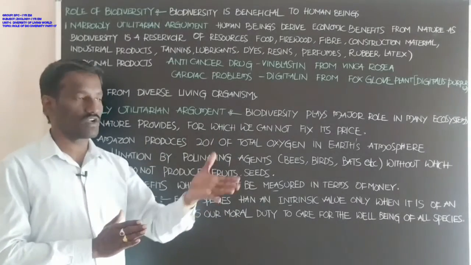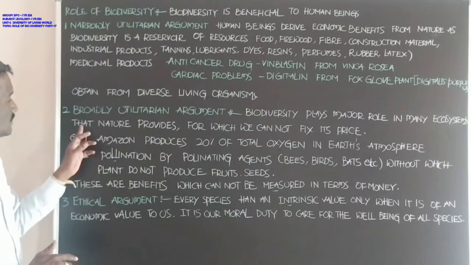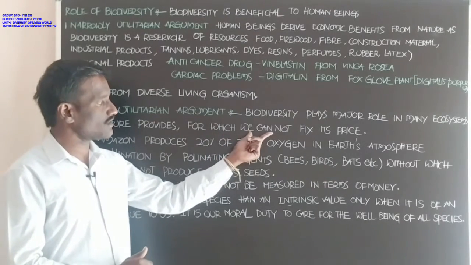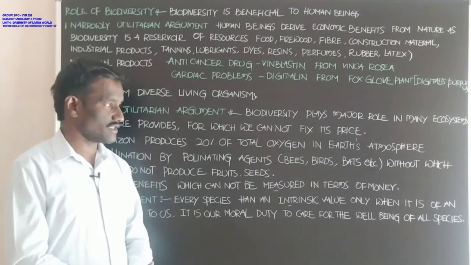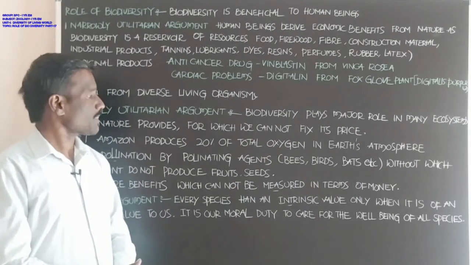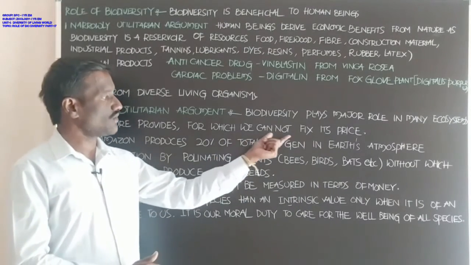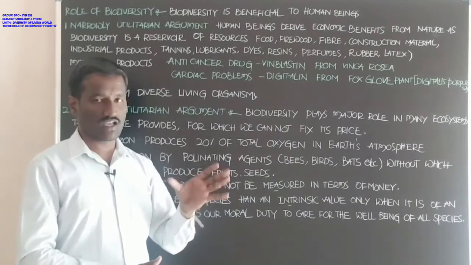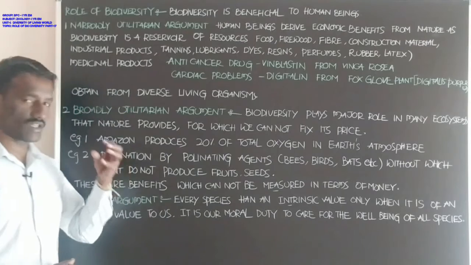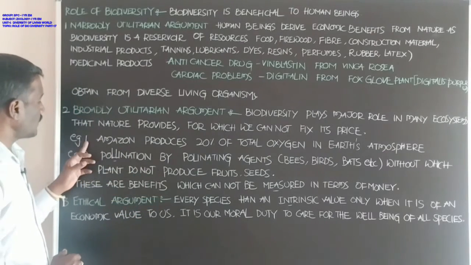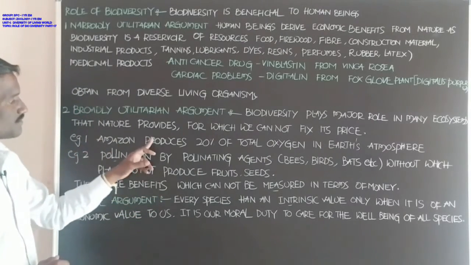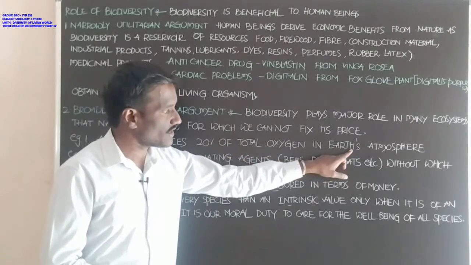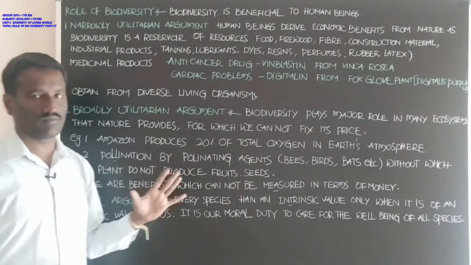Biodiversity plays a major role in many ecosystems, providing services for which we cannot fix a price. We cannot fix a price for nature, for biodiversity. For example, the Amazon produces 20% of the total oxygen in Earth's atmosphere.